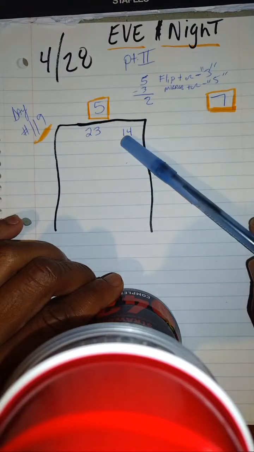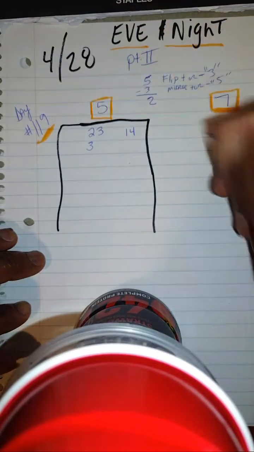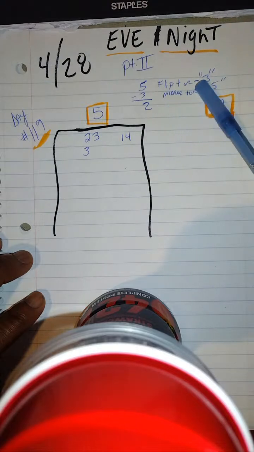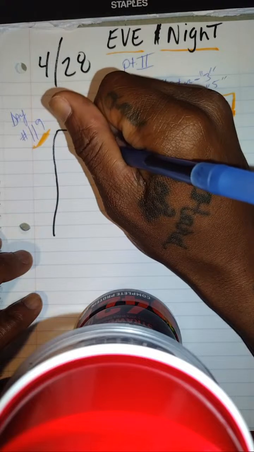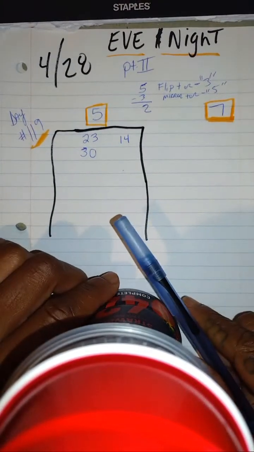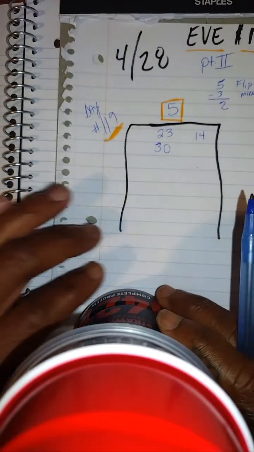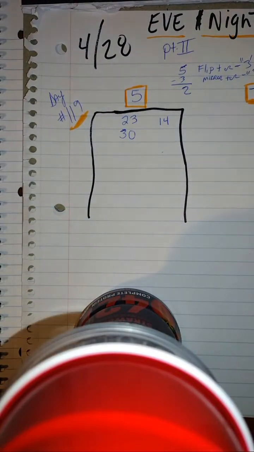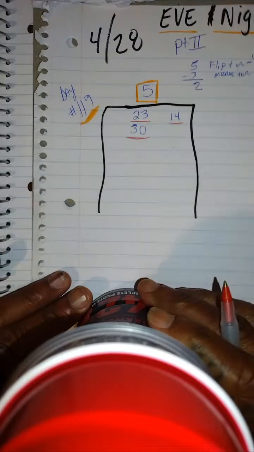So 2 plus 1 gives me a 3. 3 minus 3 gives me a 0. So I got 3 pairs off of 5, and I need to work my 3 pairs. Those are my 3 pairs off of 5: 1, 4, 2, 3, 3, 0.